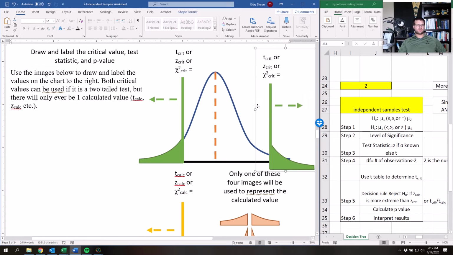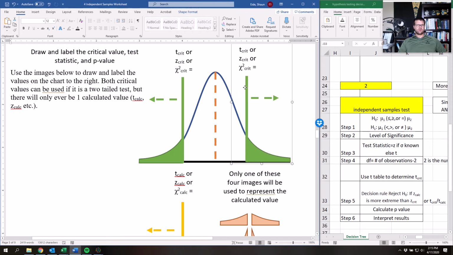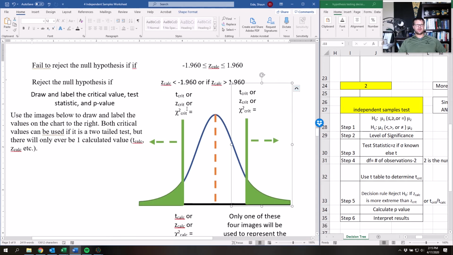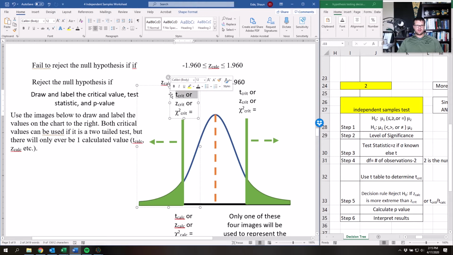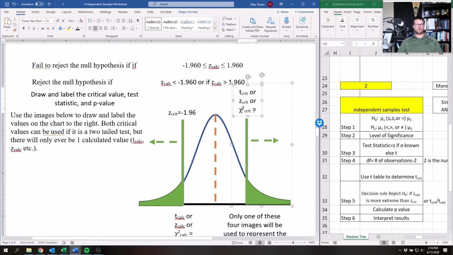We're going to use z-crit and get rid of all the rest. Z-crit equals negative 1.96, and the reason this is on both tails is because it is a two-tailed test. If it was a one-tailed test, it would only be on one tail. And then z-crit is 1.96.